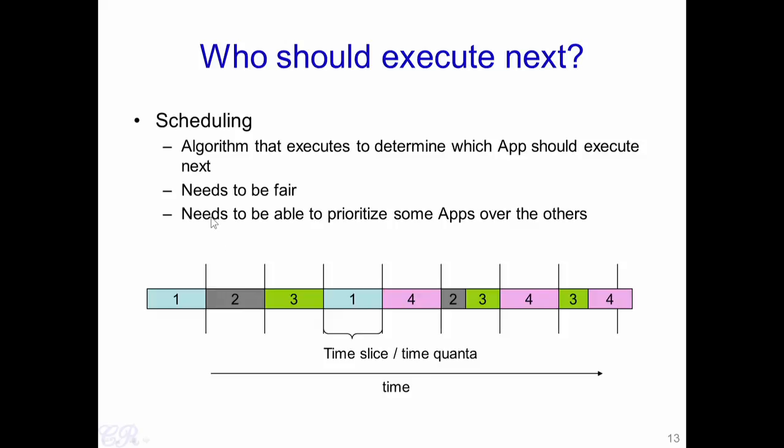Also, in some systems especially, the scheduler should be designed so as to prioritize some applications over others. What we mean by this is that we could have some applications which are far more important than other applications, and these applications need to be prioritized.